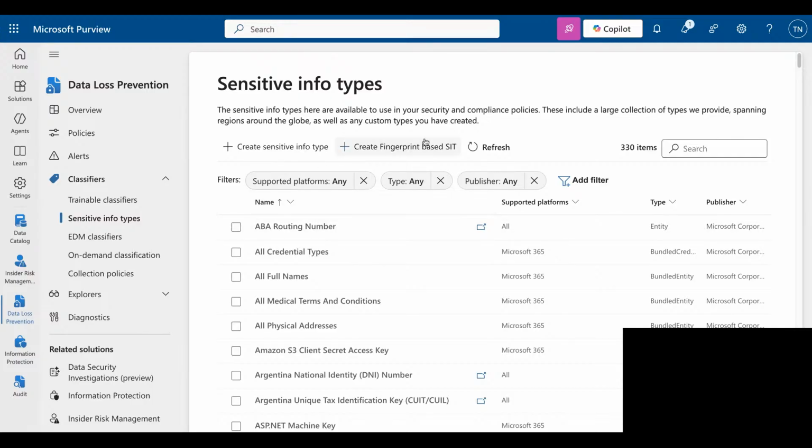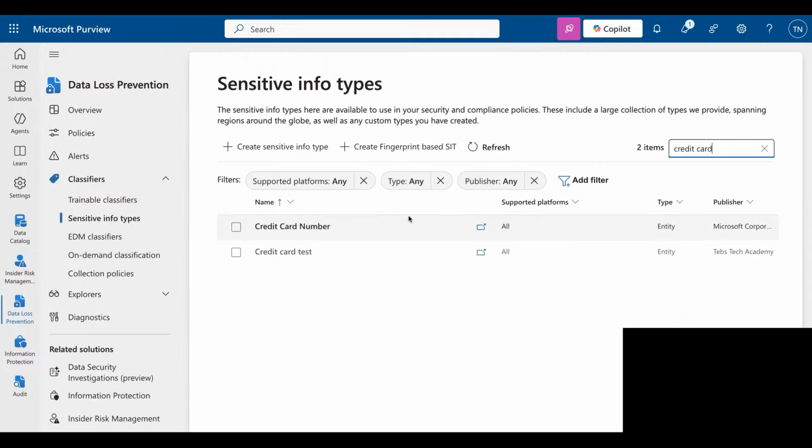These predefined sensitive information types that come with this software were going to detect that credit card number on the email. So there it is, credit card number.